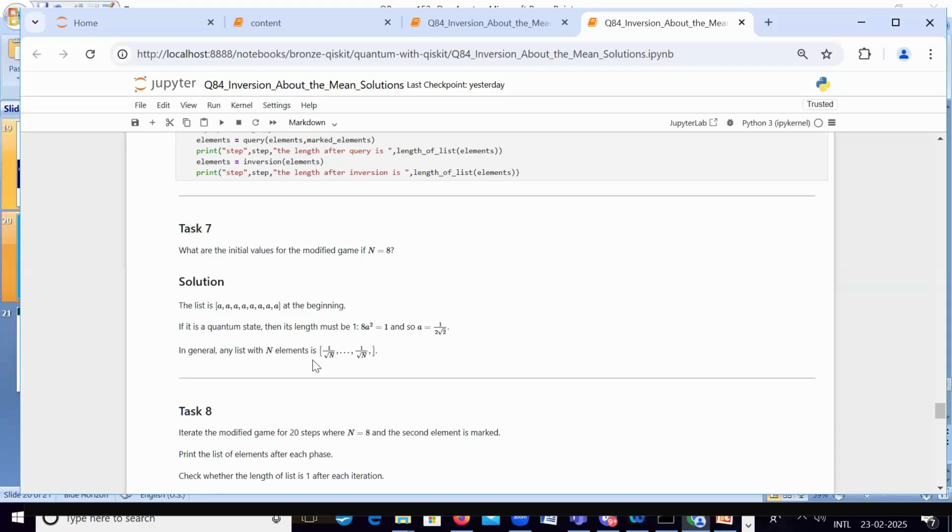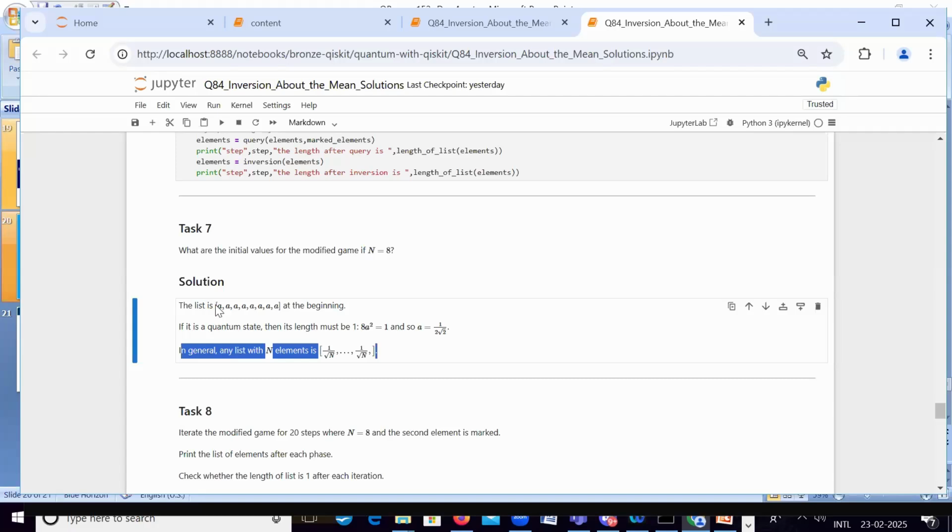In general, this is a statement to understand here before we proceed further. In general, any list with n elements is 1 by root over n, up to the n elements, as represented here.